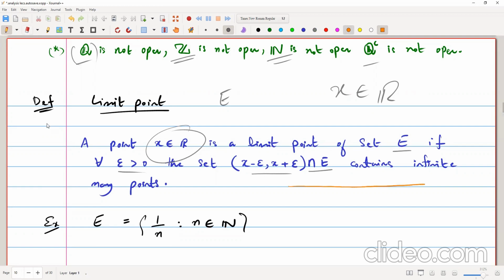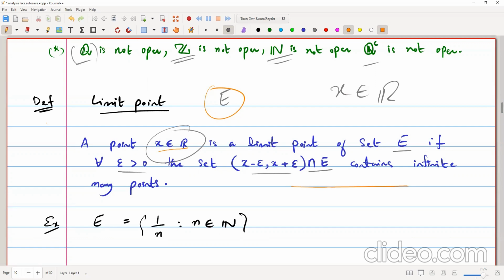There are a lot of important points in this definition that we need to consider. For instance, they have said that x belongs to R. They did not say that x belongs to the set E. This makes sense because a limit point may or may not be in the set that we are talking about.